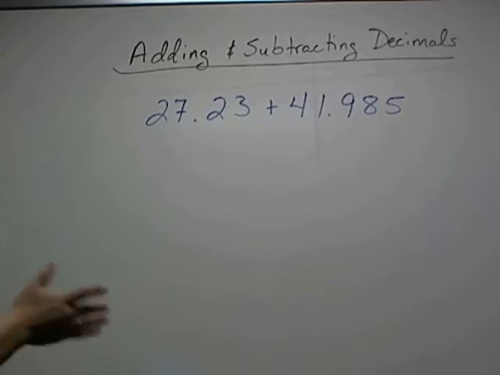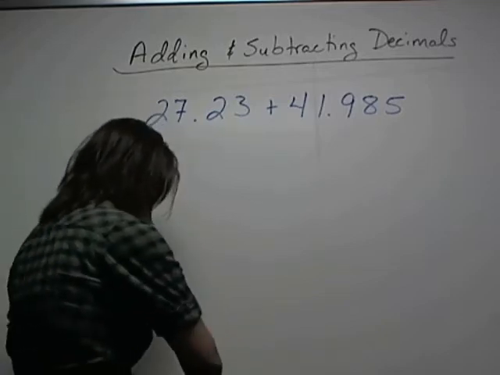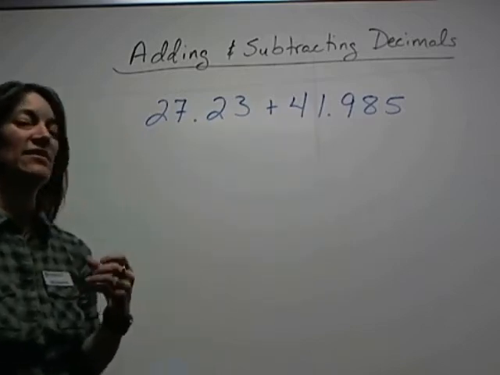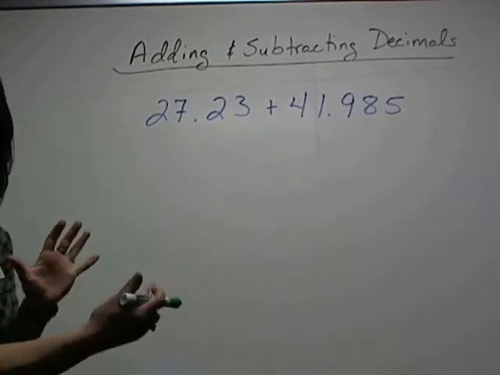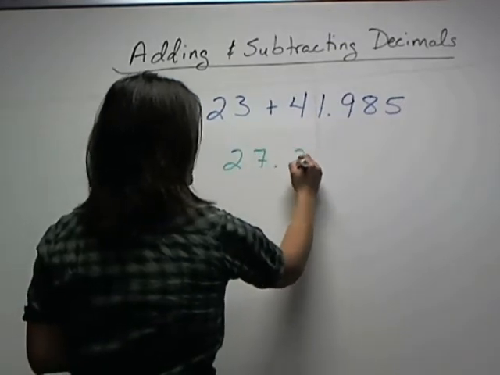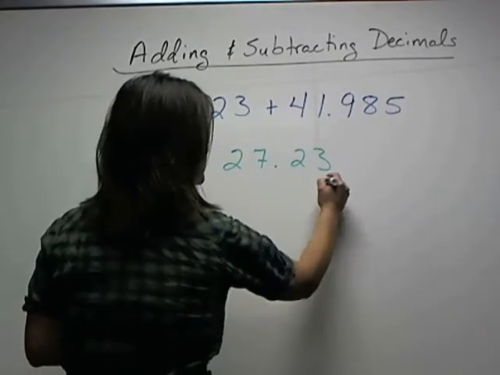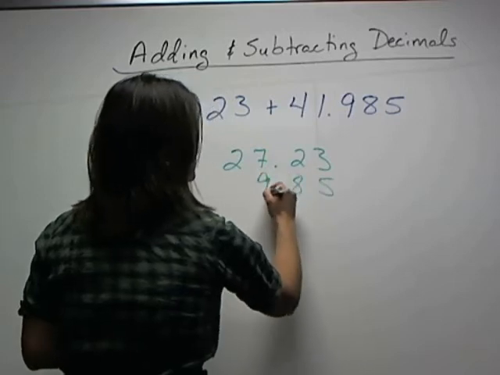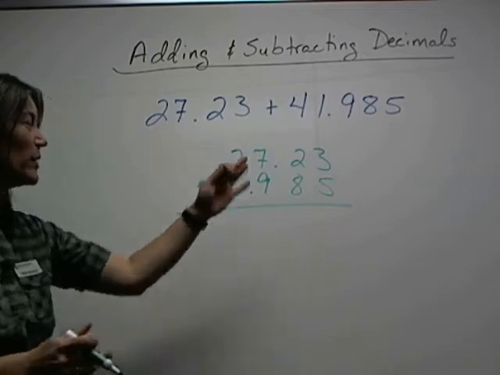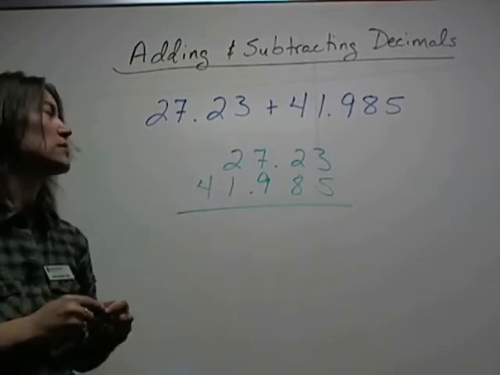If we have two decimal numbers like I have on the board here, 27.23, and we're adding 41.985, if we were to add those flush right, like we did on the last problem, we wouldn't be adding like digits.